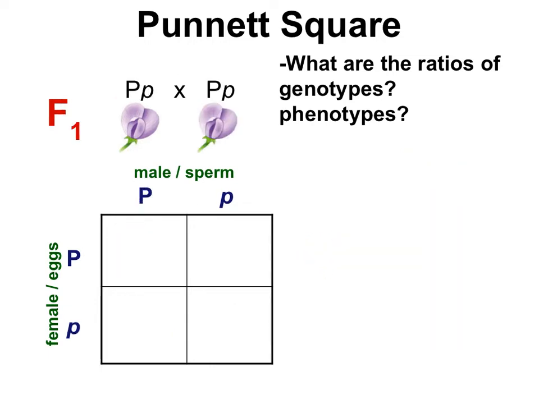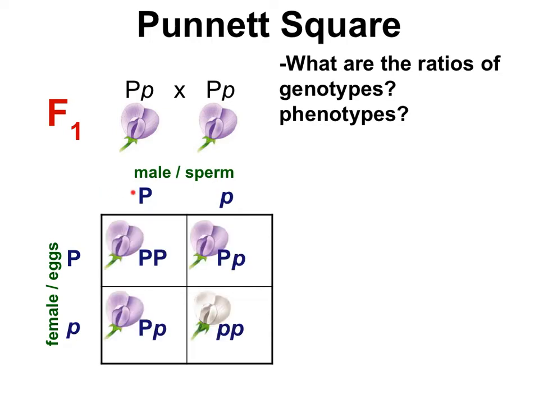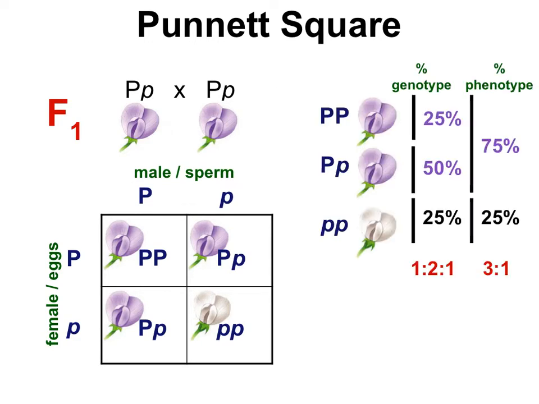Now, make a Punnett square to show self-pollination of the F1 generation. Set up the parent alleles, cross the parent alleles together, then count. And this Punnett square shows a genotype ratio of 25% homozygous dominant, 50% heterozygous, and 25% homozygous recessive.